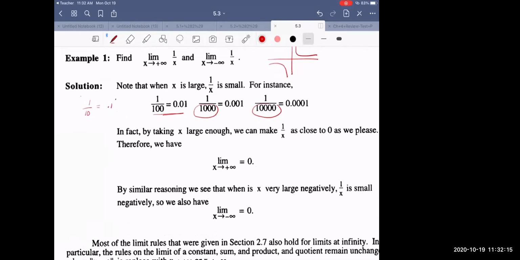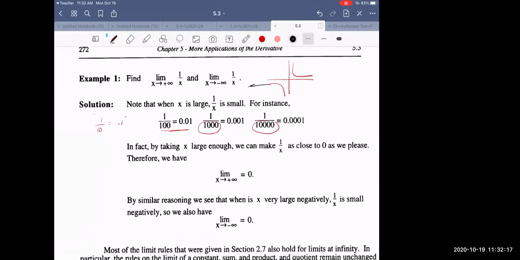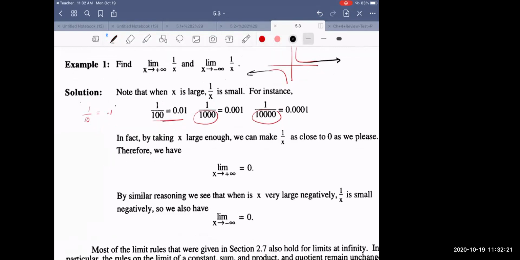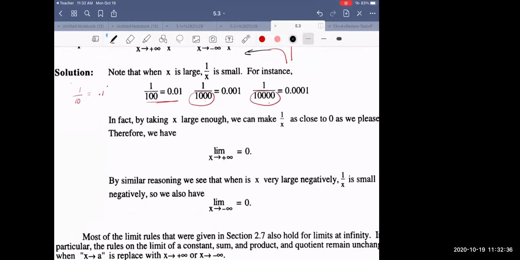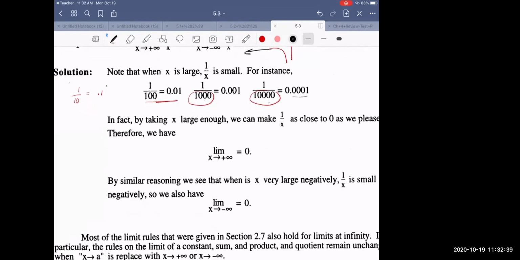So what we want to know is, what's the end behavior as we go way out to infinity on the left and to infinity on the right? As x gets really, really big, bigger and bigger and bigger, this thing is approaching 0. While we can't walk out there to infinity land to really visualize it, we know that we're taking values of x so big that we're headed toward 0 in both directions.